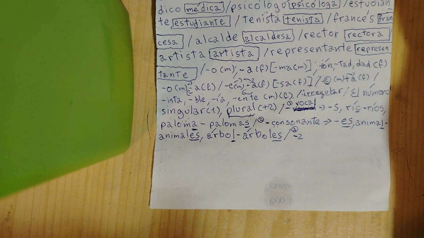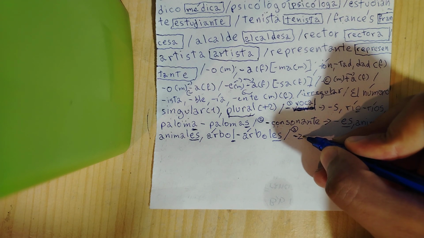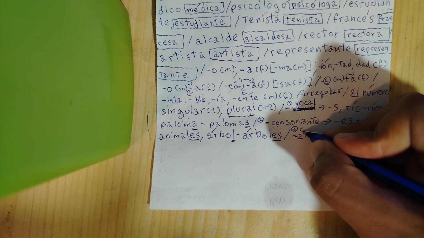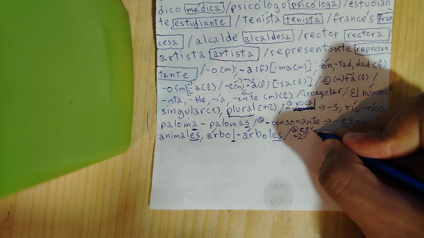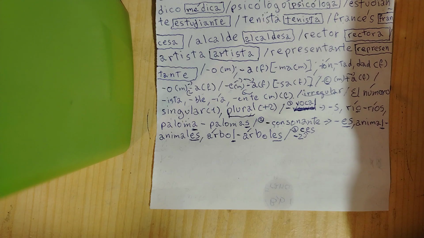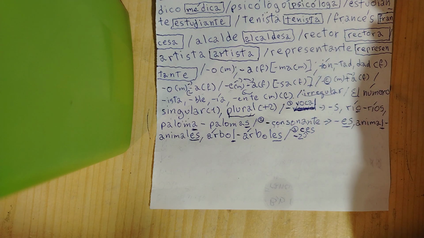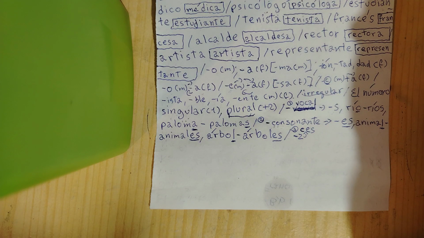If the sustantivo ends with z, we have to change that z to a c, and then we have to add es. The z changes to c.